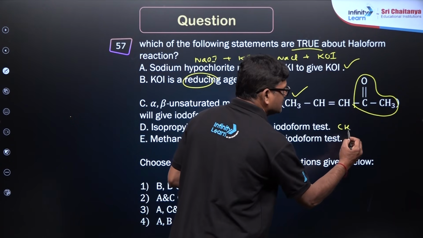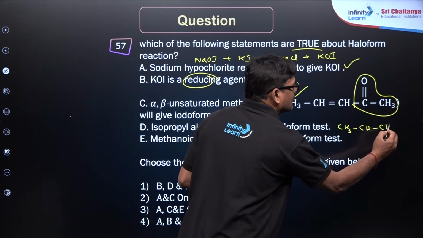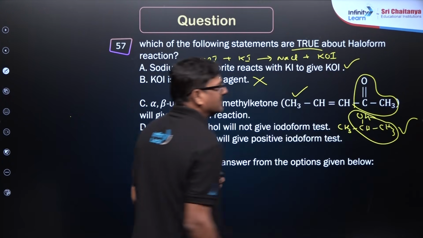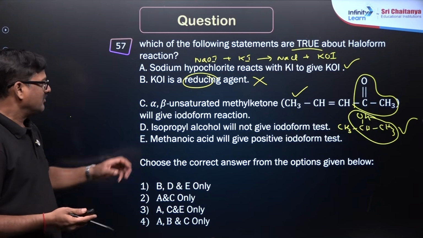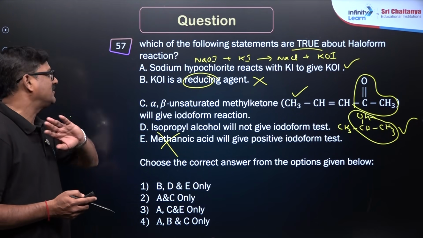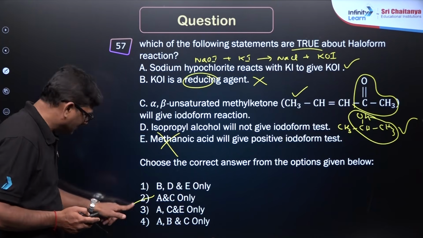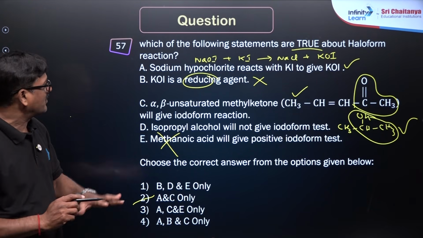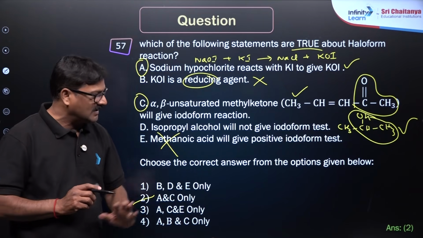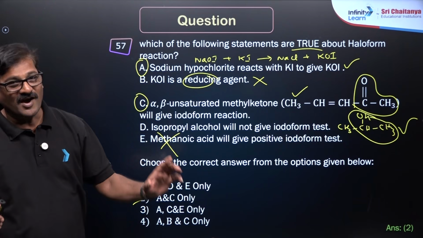Isopropyl alcohol, a secondary methyl alcohol, gives the iodoform test. And methanoic acid will give a positive iodoform test? Methanoic acid will not give a positive iodoform test. So the true statements are this one and this one, A and C only. The answer for this question is going to be option 2.